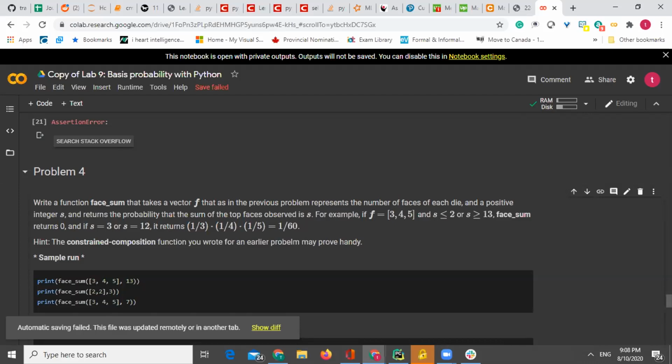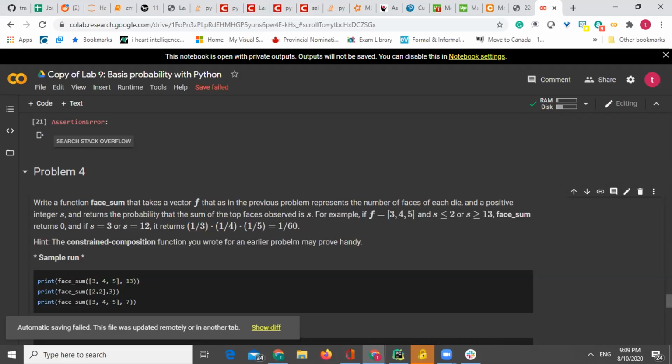For example, if f equals 3, 4, 5, and s is less than or equal to 2, or s is greater than or equal to 13, face sum returns 0. And if s equals 3 or s equals 12, it returns 1 divided by 3 times 1 divided by 4 times 1 divided by 5.